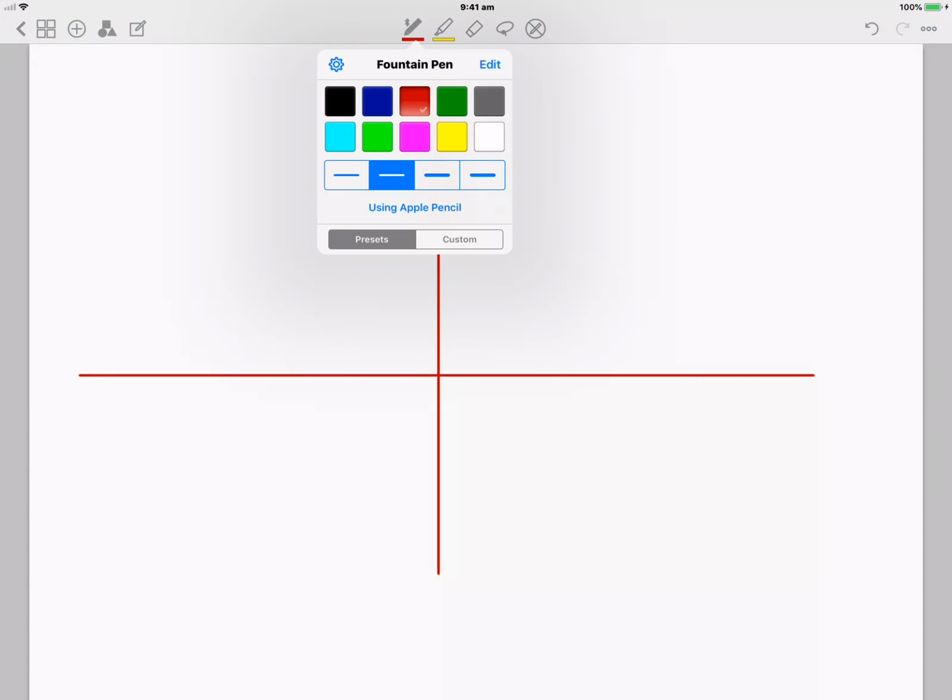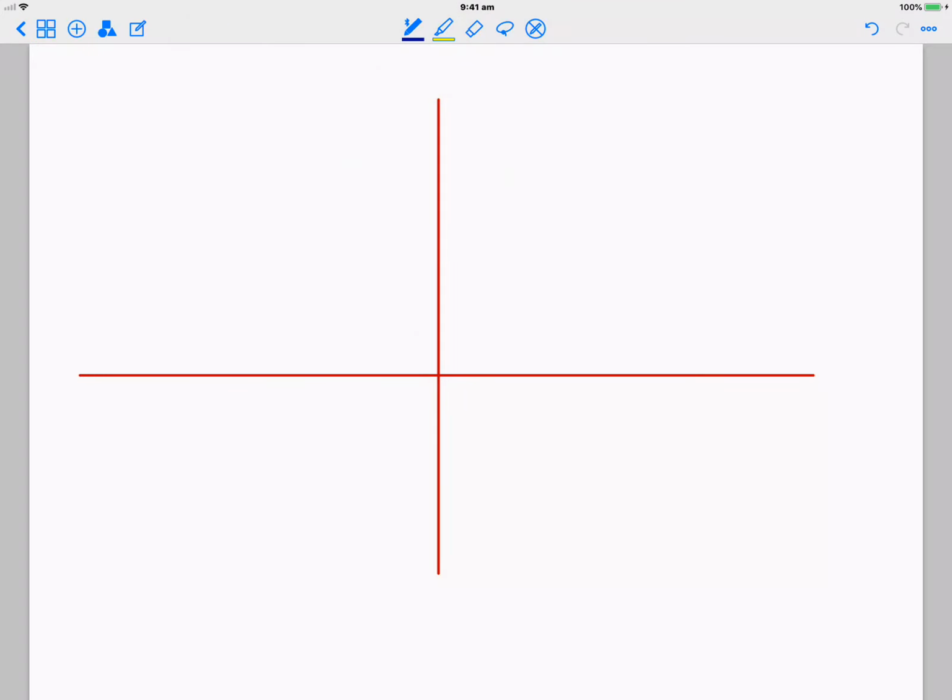Okay, so we have this complex number z. So let's say it's up here. And we also have a complex number w. So let's say w is here.